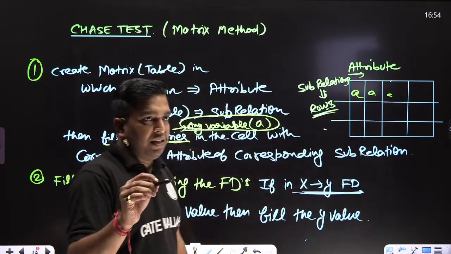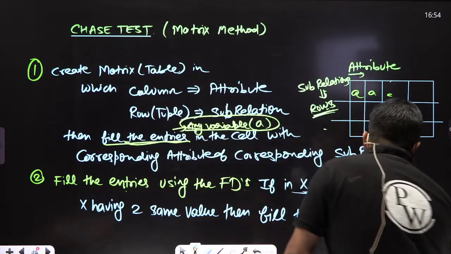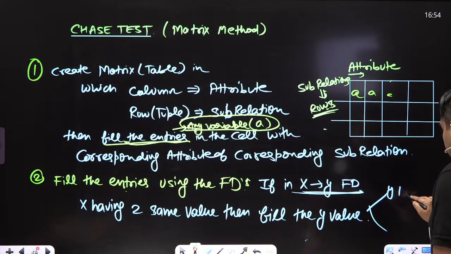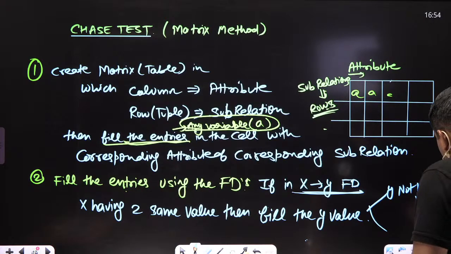Now there are various cases. Here there are two cases: Y does not have values, and Y has one value.